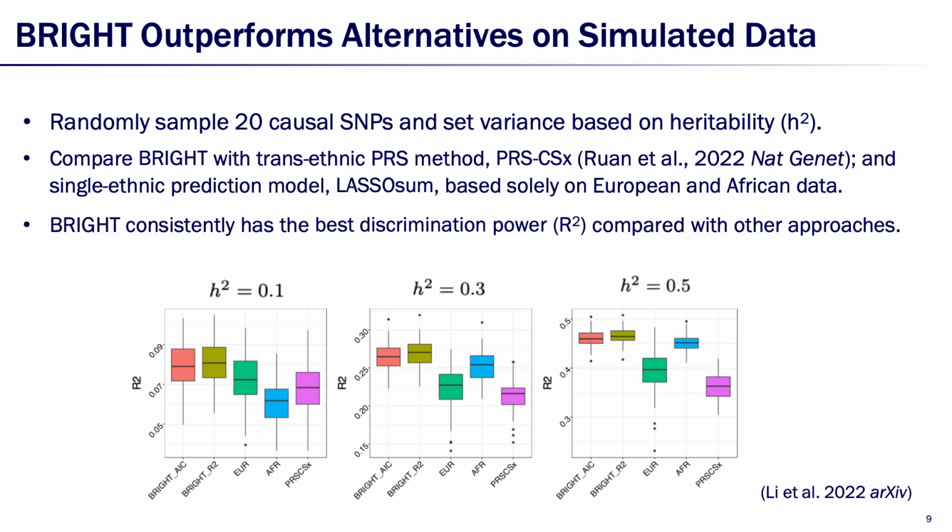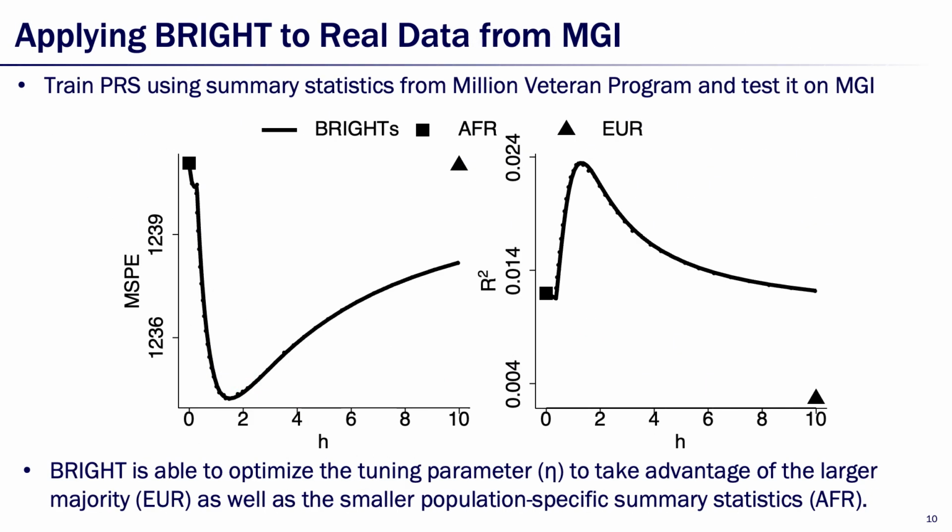PRS-CSx is a well-known approach for the purpose of trans-ethnic PRS, and there is also a single-ethnic prediction model, called LASSO-SUM, which is based on either the European or African data. And interestingly, across the different heritability setups, we had much better discrimination power for BRIGHT compared with the other approaches.